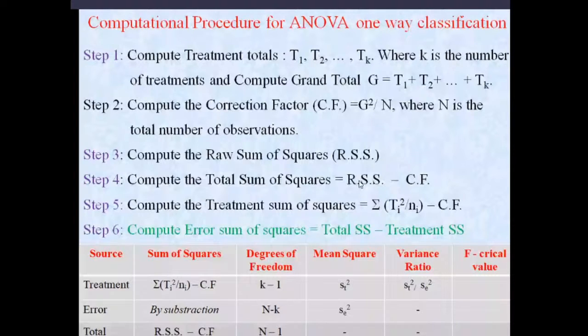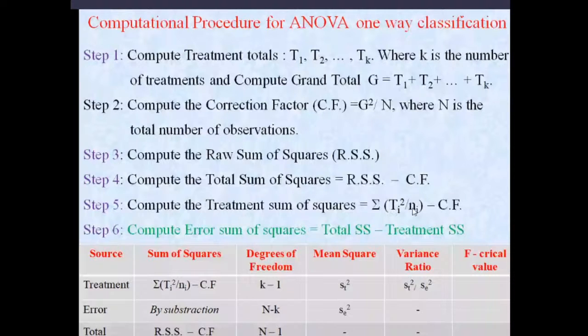Then evaluate the treatment sum of squares. The treatment sum of squares is equal to the square of each class total divided by the number of observations in that particular class.